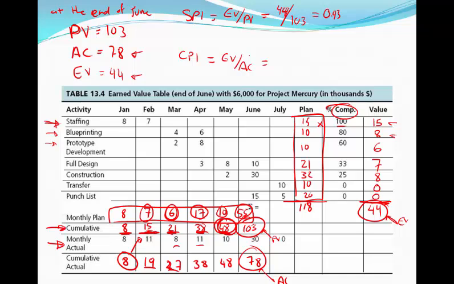CPI, plug in the numbers, so our earned value is $44,000 divided by our actual cost of $78,000. That's going to give us 0.56 or 56%.